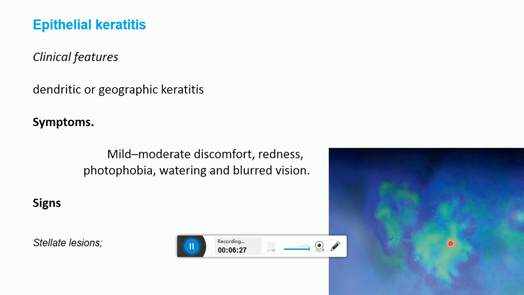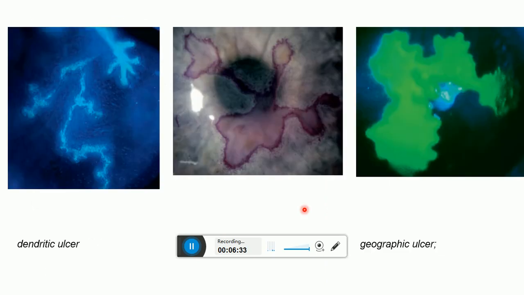There are swollen opaque epithelial cells arranged in a coarse punctate or stellate pattern. Central desquamation results in a linear branching lesion, also known as a dendritic ulcer. Dendritic ulcer is most frequently located centrally. The branches of the ulcer have characteristic terminal buds.